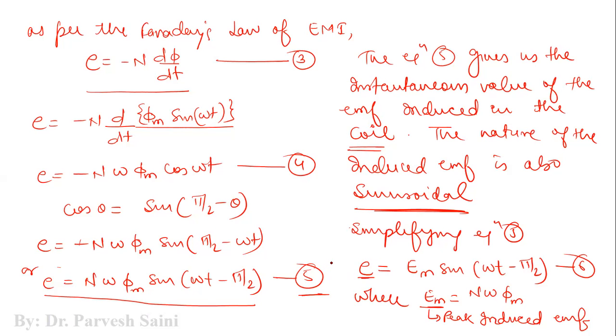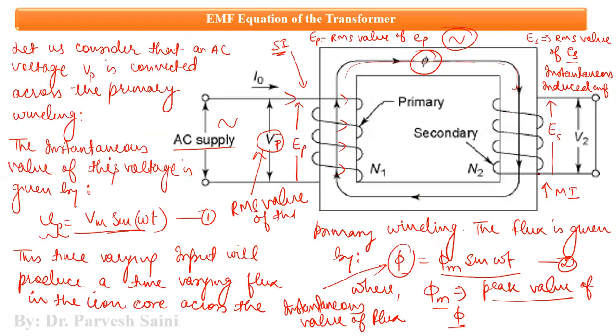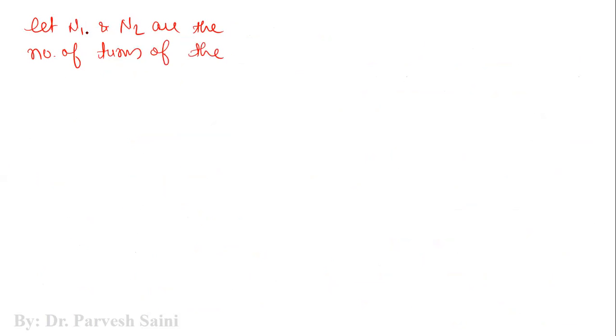So we have two types of coils in a transformer, primary coil and secondary coil. So in both the coils we have a similar kind of voltage. So let us take the number of turns as NP and NS.